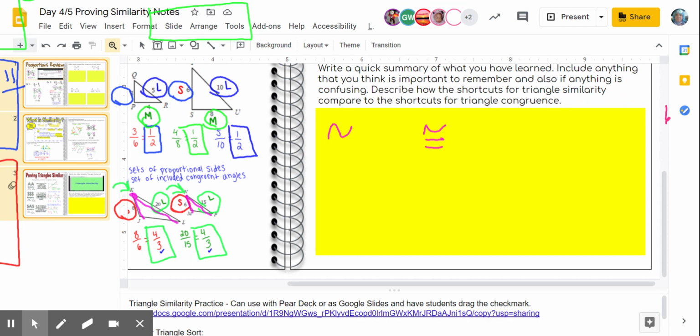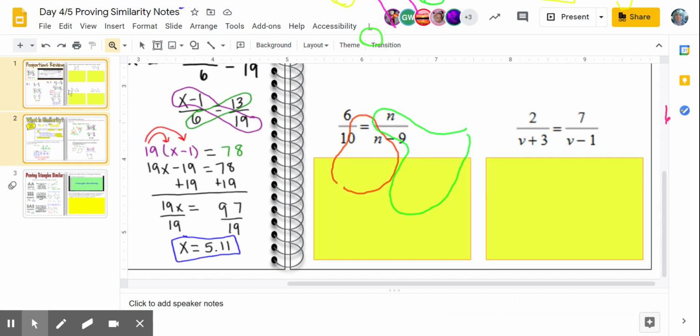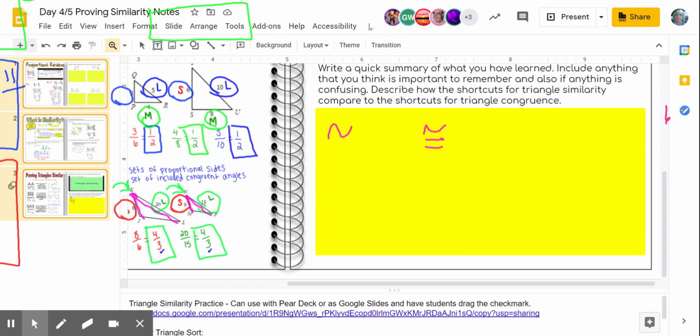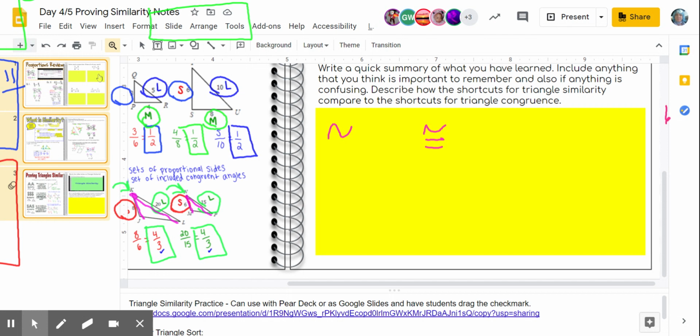So again, what I did was I went to the slides that I just sent you, made a copy of them. So just highlight them. And you can do Control click to highlight them. Then do Control C to copy. I'm on a PC, not a Mac, or not a Chromebook.